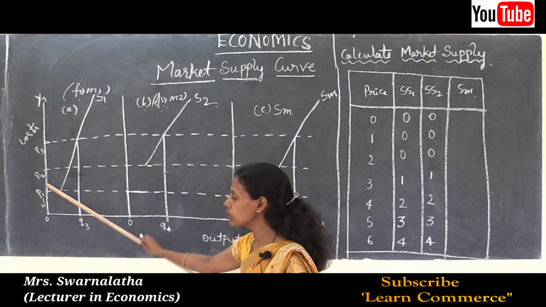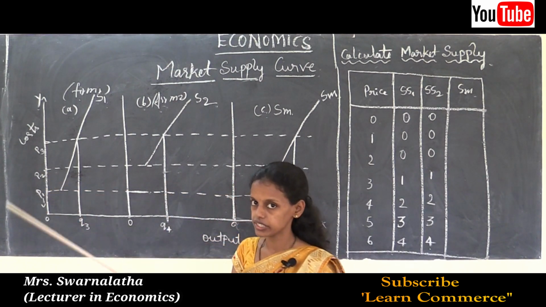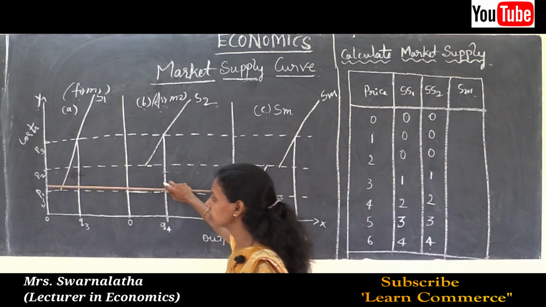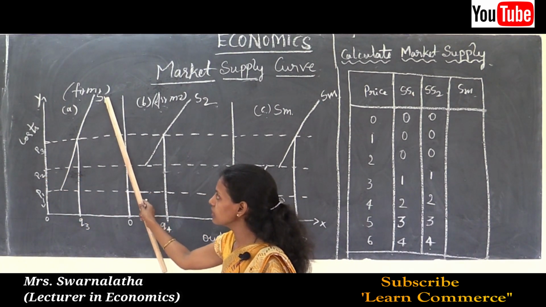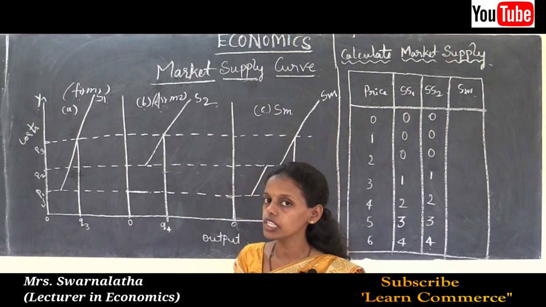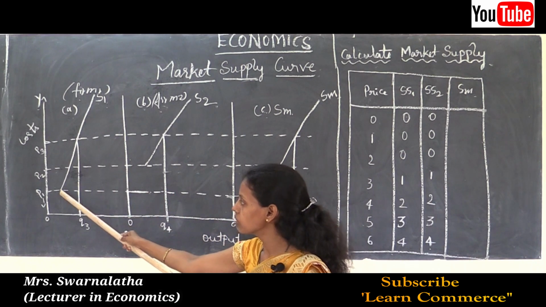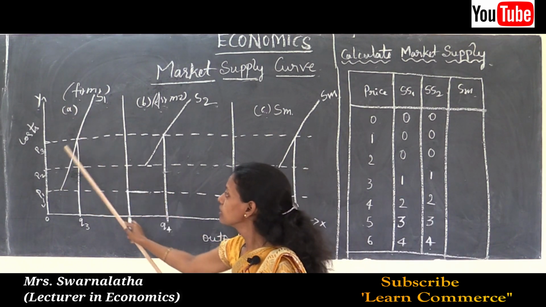Thus, below P1, firm 1 cannot produce anything. The market can supply only when the price is P1. Thus, S1 is the supply curve for firm 1, as we see in the figure.